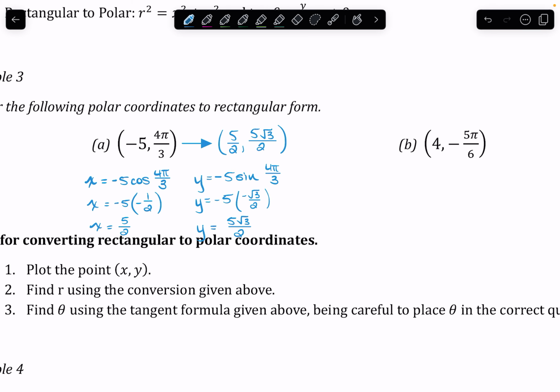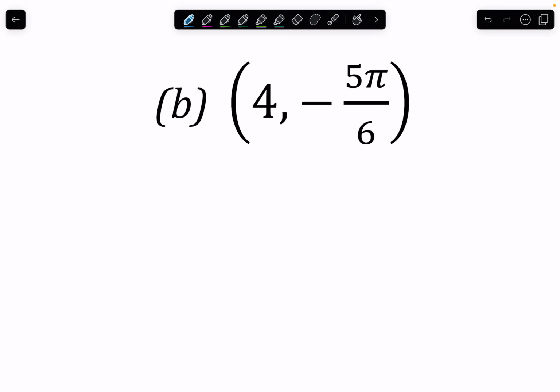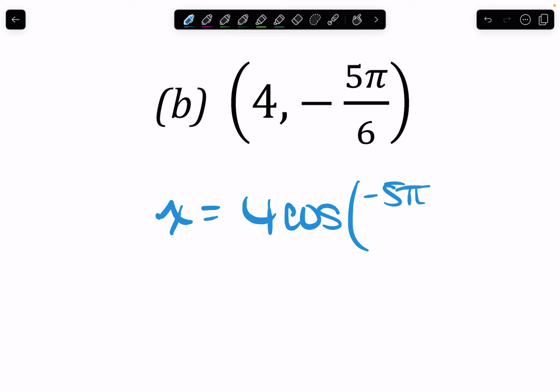All right, next one. Given the polar coordinate radius 4, angle negative 5 pi 6. So x is r cosine theta. So we'll get x converted first. So we've got x equals 4 cosine of negative 5 pi 6. So again, that unit circle is just not going away.